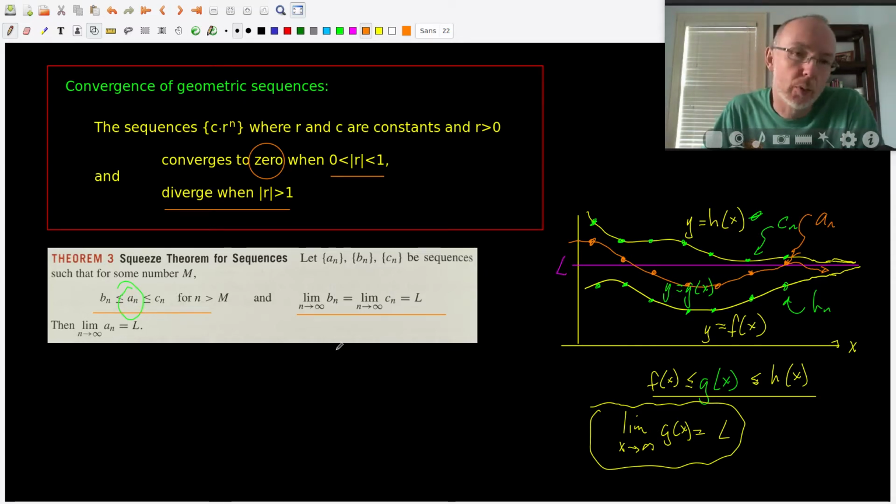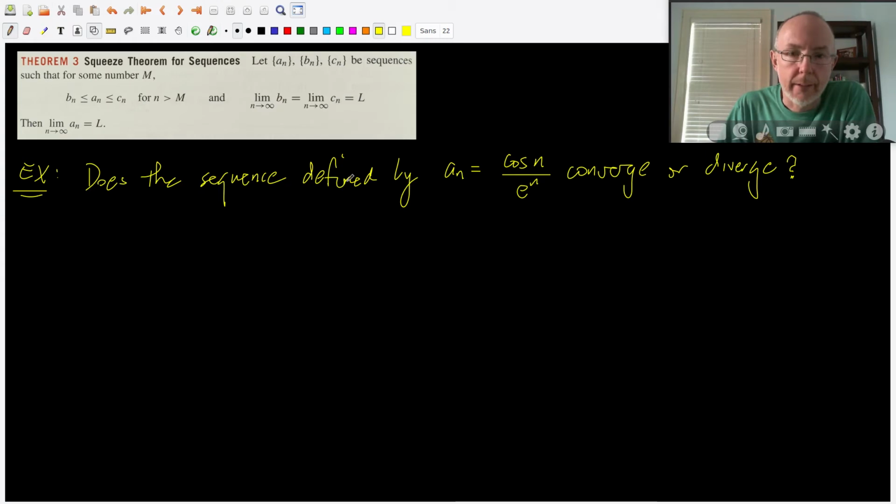And that's a useful idea, and we saw in Calc 1 why it's useful. Let's do an example where we see it. Here's an example that uses the squeeze theorem. It's useful to start writing these things out. Cosine of n over e to the n, we're going to get a bunch of values, and I don't know what these values are in terms of exact numerical values.